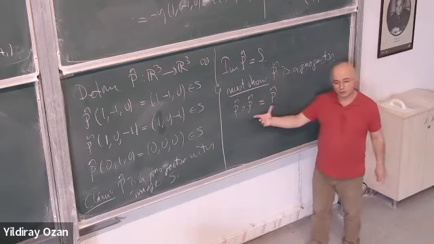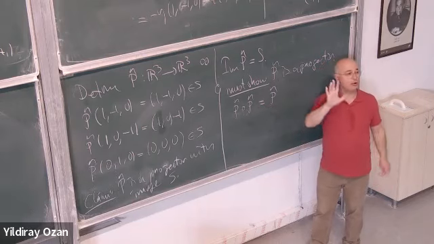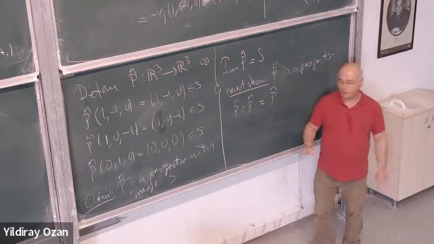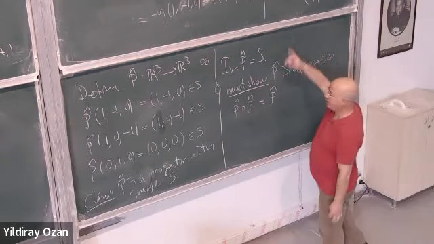So if I show that these two linear maps agree on vectors of the basis, then they are the same. So we have this basis already.